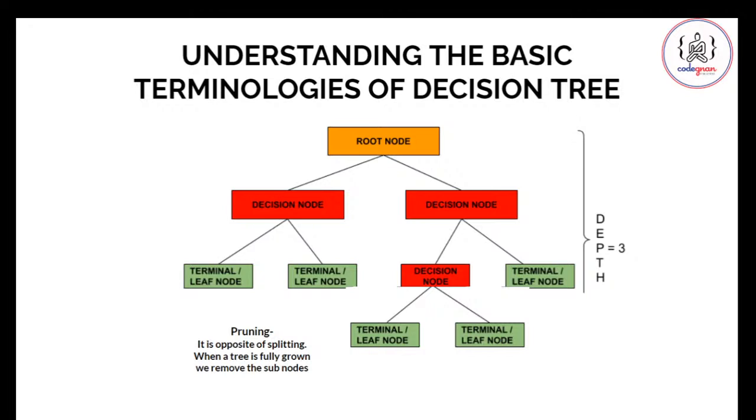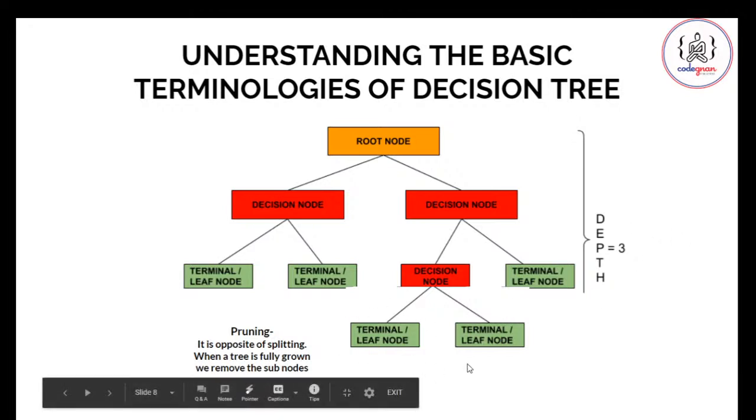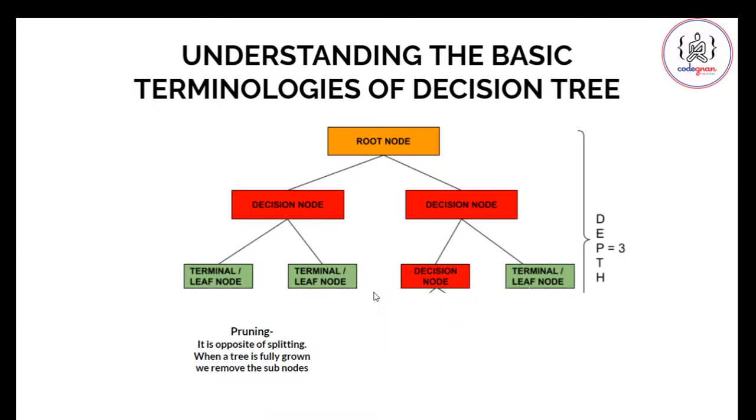When a tree is fully grown, you remove the subnodes. For example, if you remove these terminal nodes from here, this becomes your pruning. After growing your tree fully, you have removed some of the nodes.